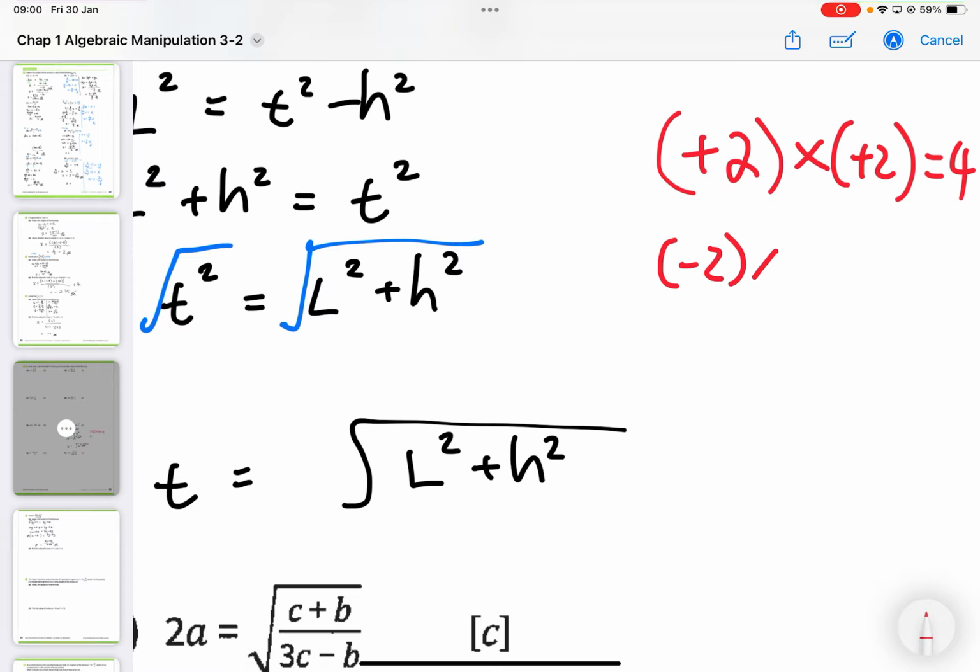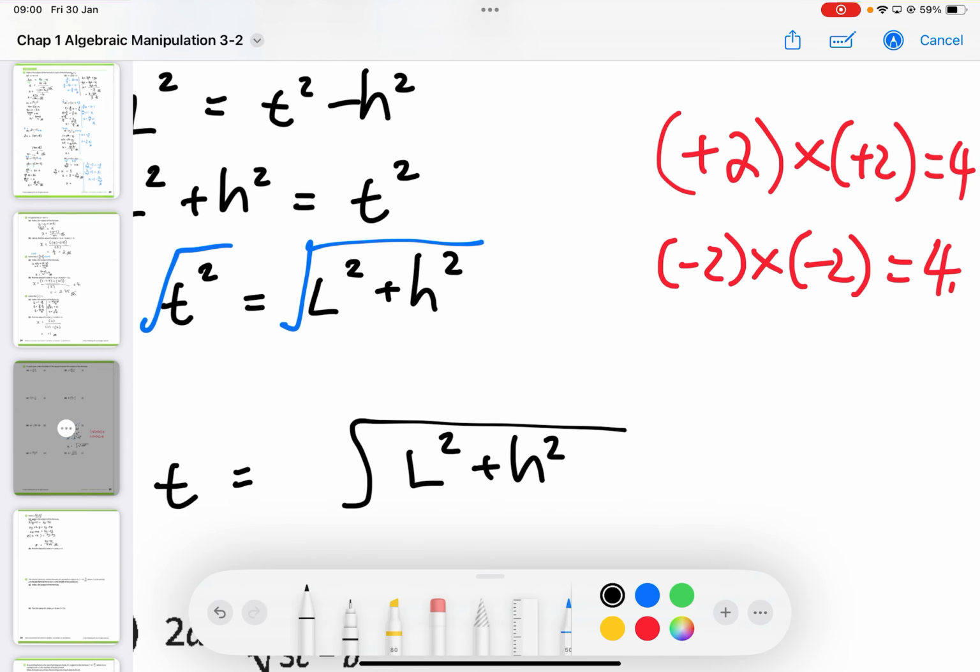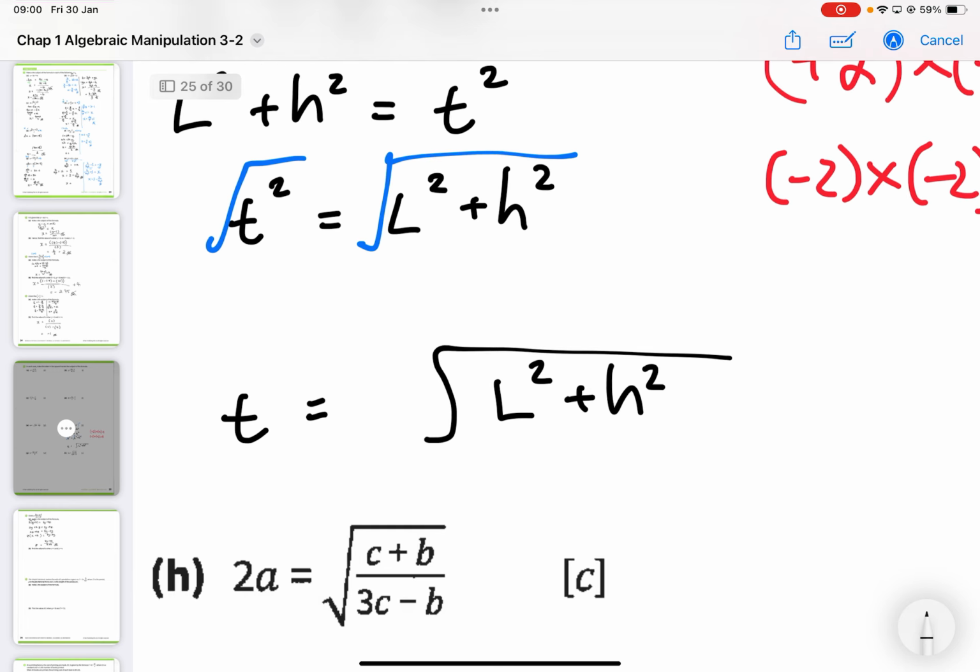Negative 2, multiply negative 2, will also give me positive 4. So whenever I take square root, I must tell people, the result can be positive, can be negative. So whenever I take square root, I need to add this sign over there. Go, go, go. And this is your answer.